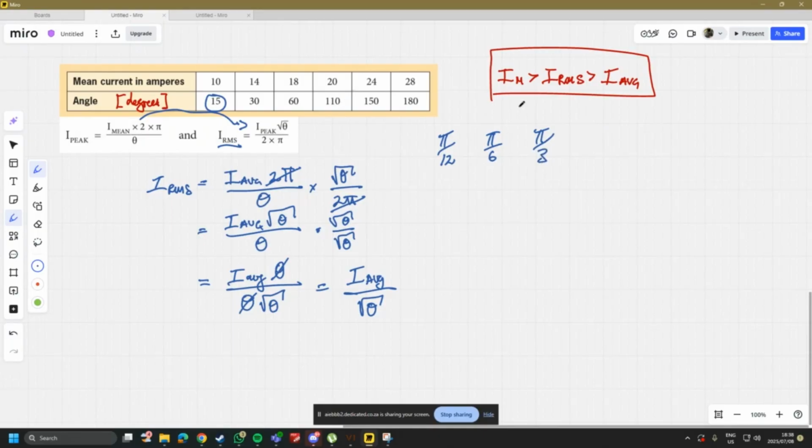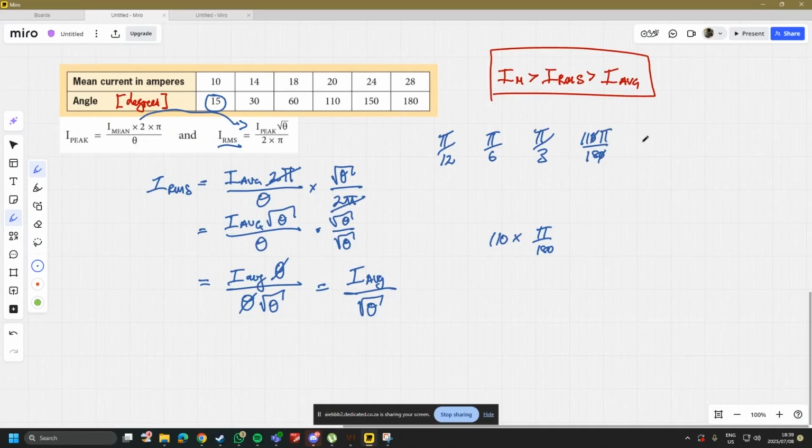So if you want the radian value, multiply by pi over 180. You want to get rid of the degrees. So we can just write it as 110 pi over 180. That can become 11 pi over 18.